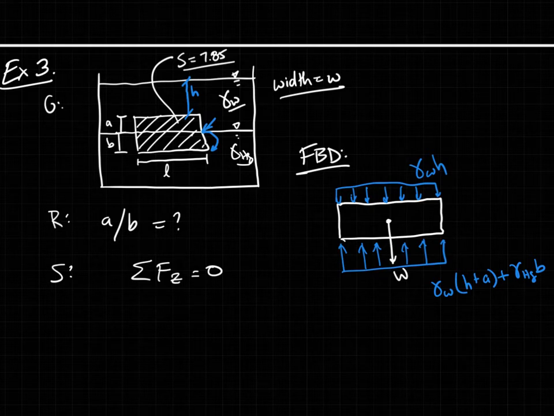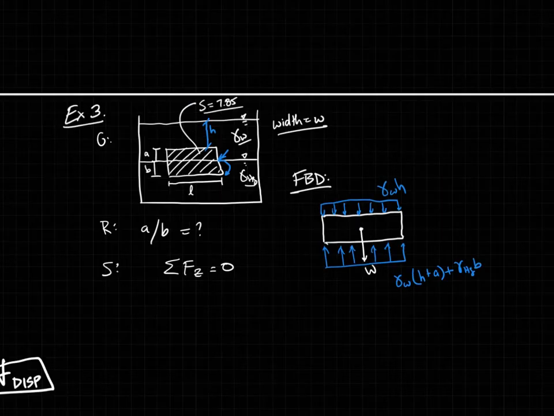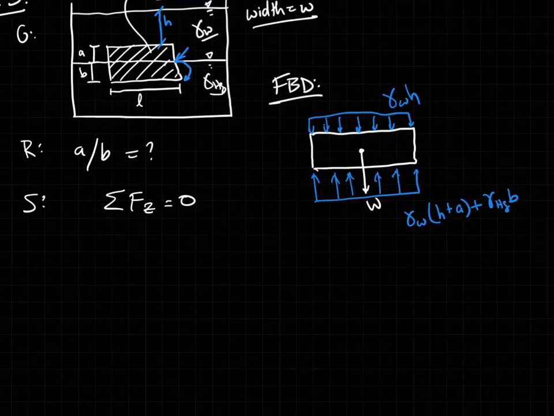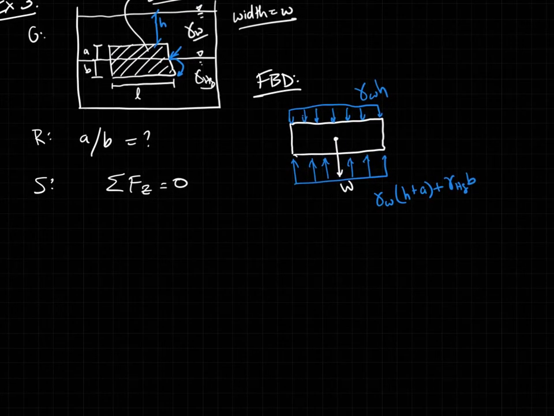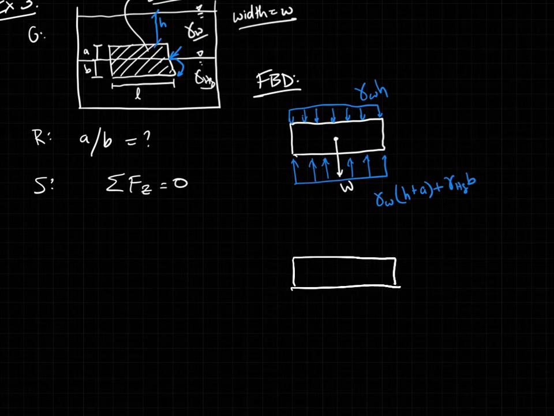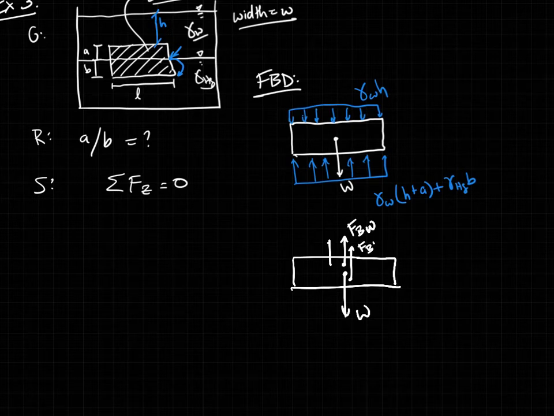But instead, we're going to do it this way. Here's our object. Here's our weight. And I've got the buoyancy due to the top liquid. Well, technically it's like right there, but F buoyancy due to water. And then I've got another force of buoyancy due to mercury.